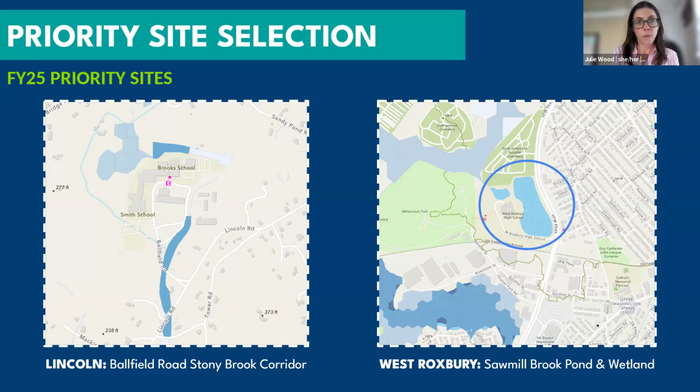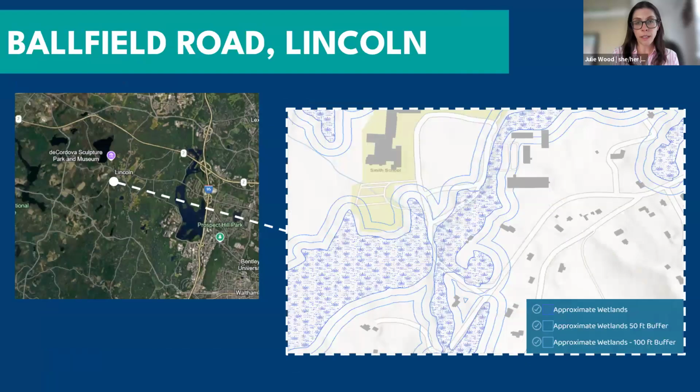Next slide. So we're just going to talk through these, starting with our Lincoln project. So just a locus map there for where we are. The impervious cover is primarily driveway and roadway, surrounded by a significant amount of wetlands and stream area. Next slide.